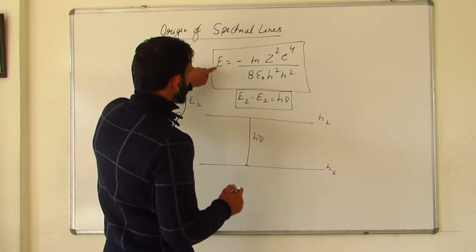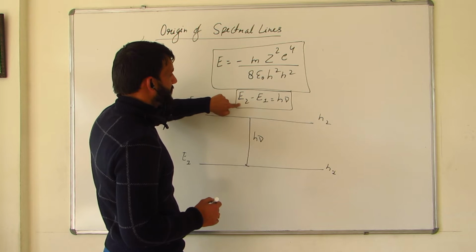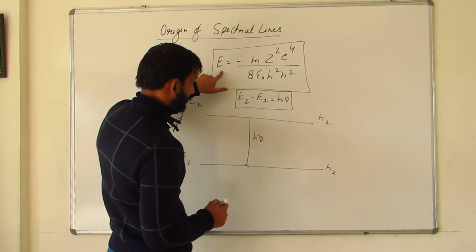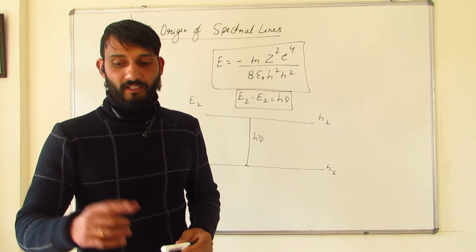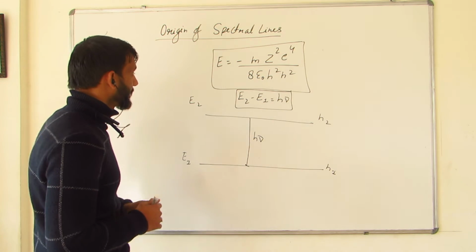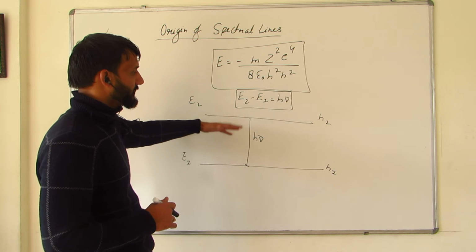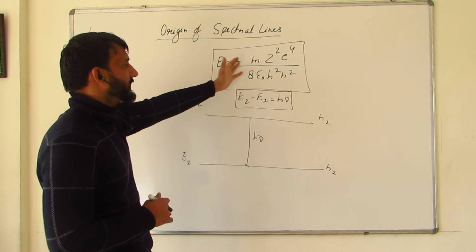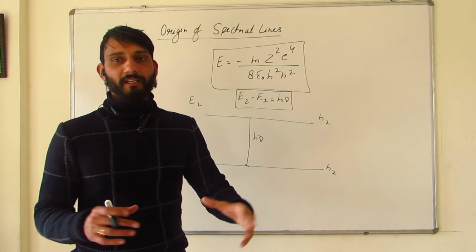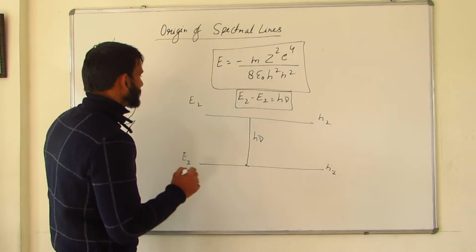Now if I use this equation and put these values, and obviously we are talking about a spectral line for hydrogen specifically, so Z will be 1 here. Let us just put up the values rather than giving it separately for hydrogen or helium.